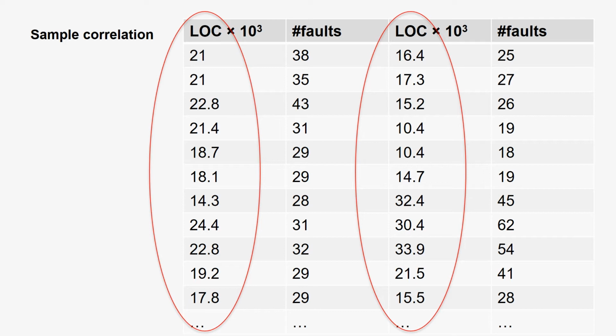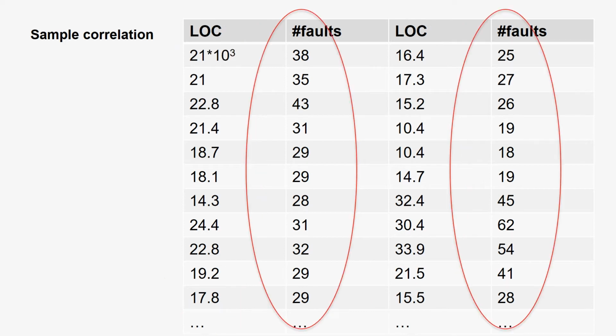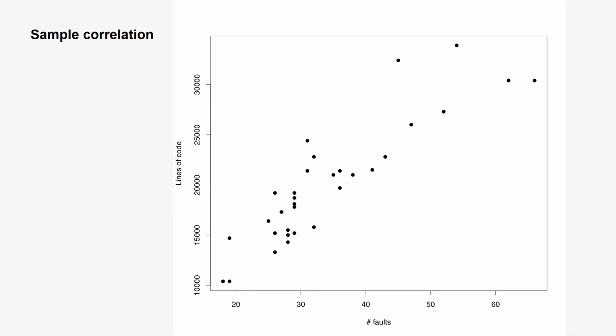That is, the first module has 21,000 lines of code. And in columns 2 and 4, we see the number of faults that were found in the development of that module. Note that there are more data values which we don't have the room to list here, marked with 3 dots. If we instead visualize the data in a scatter plot, we see the following.